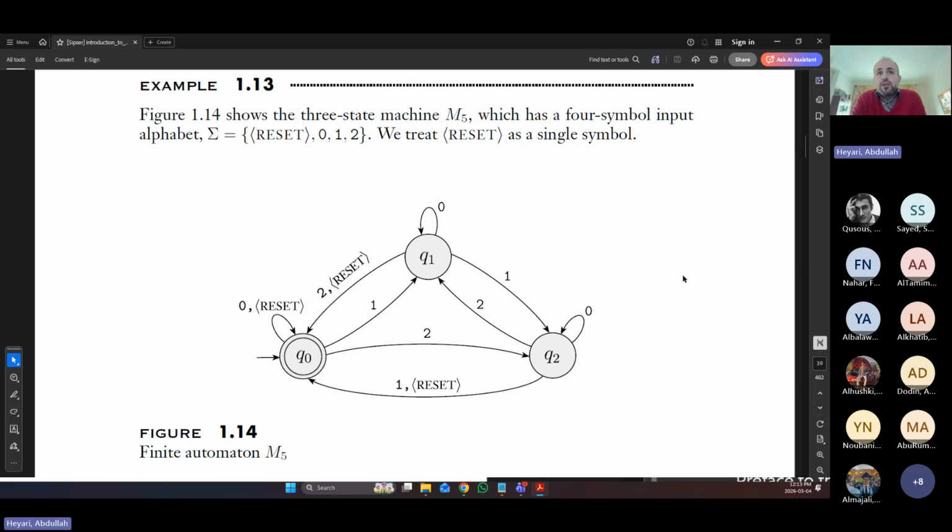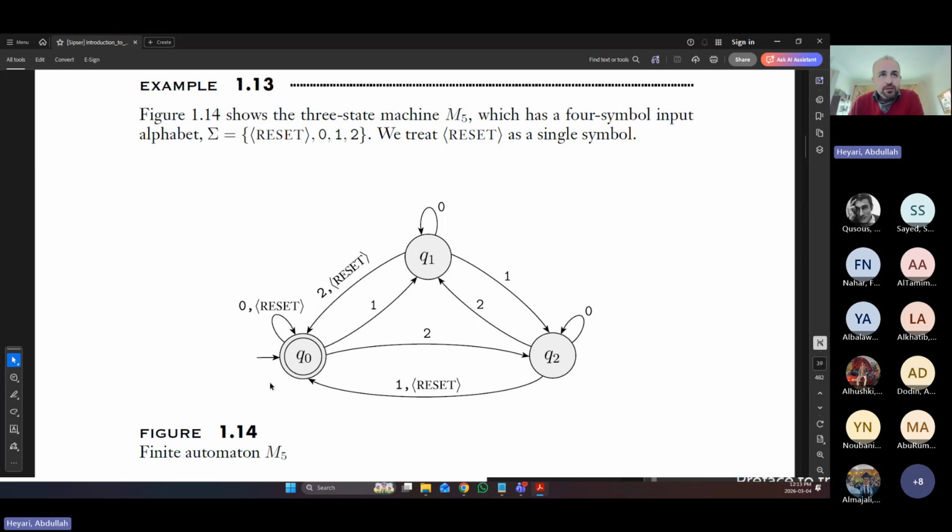Imagine that as we run this machine, that is, as we read symbols, we have a counter called sum, which just adds numbers. Let's imagine the following scenario, starting from the start state, Q0, which has an arrow coming from nowhere.